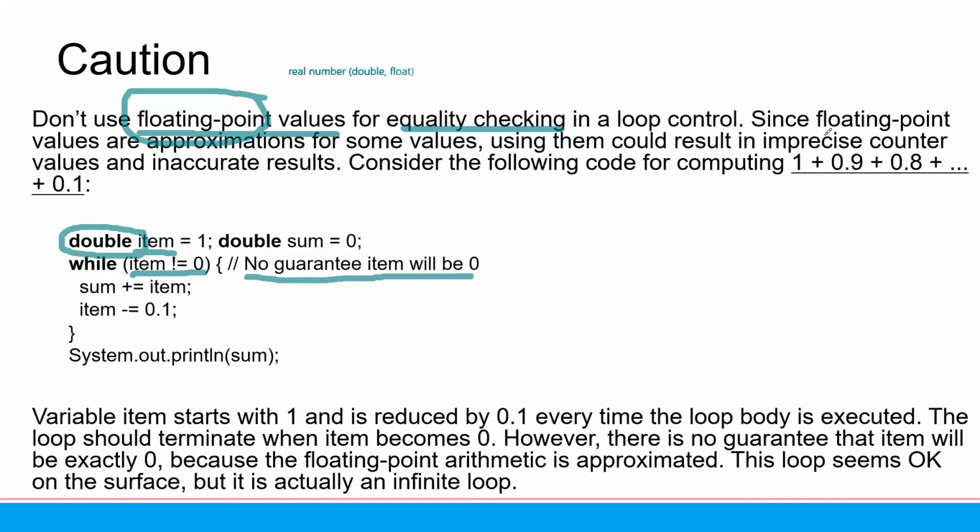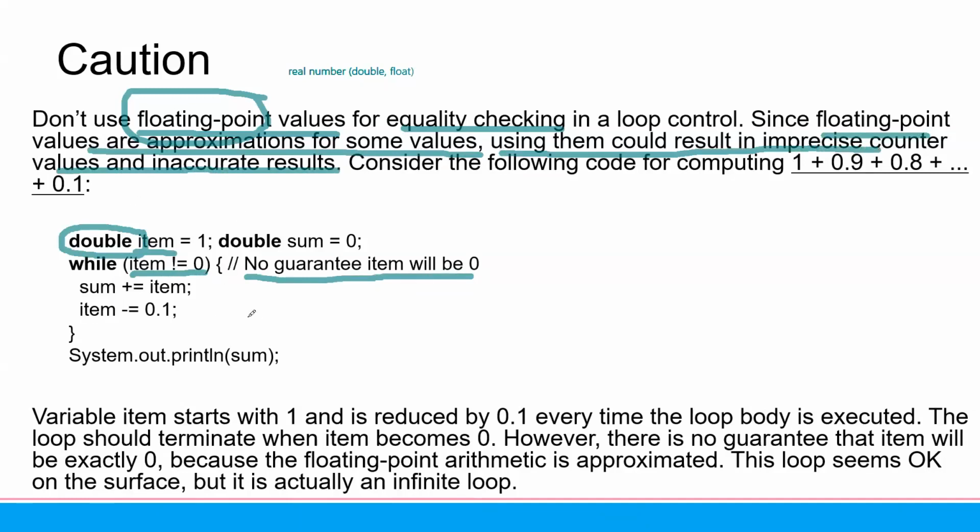It is because floating point values are approximations for some values, and using them could result in imprecise counter values and inaccurate results.